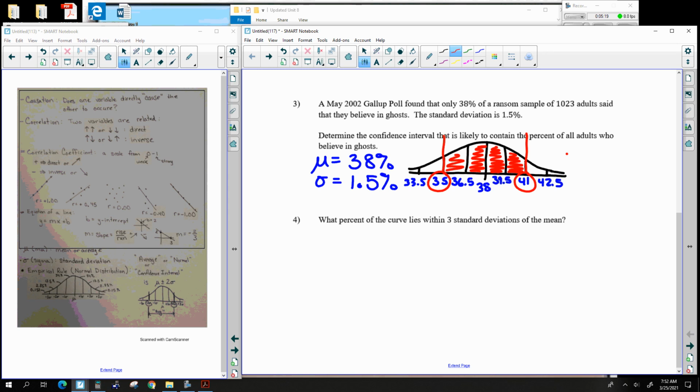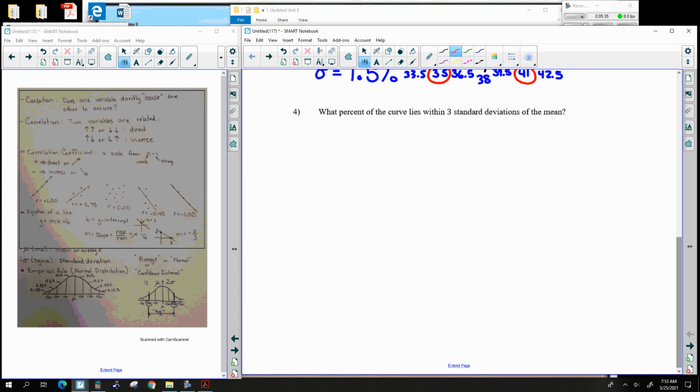That is our confidence interval. So you find your average, and you go up 2 and down 2 standard deviations.